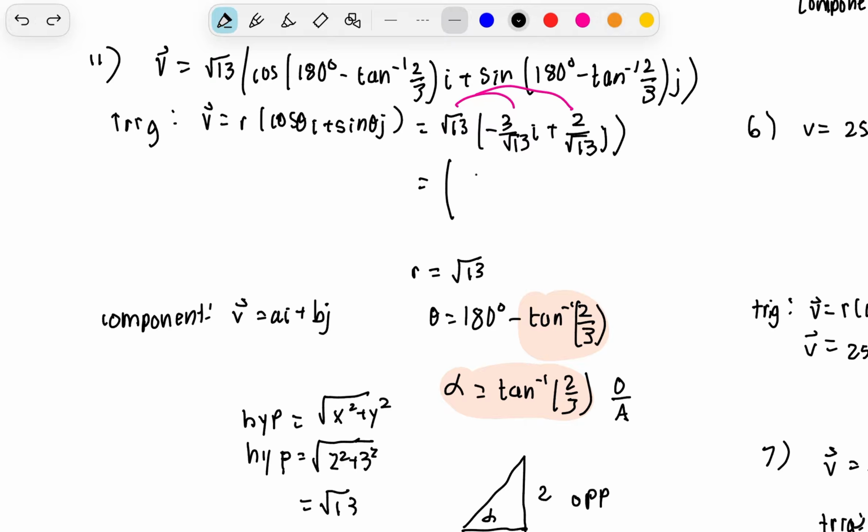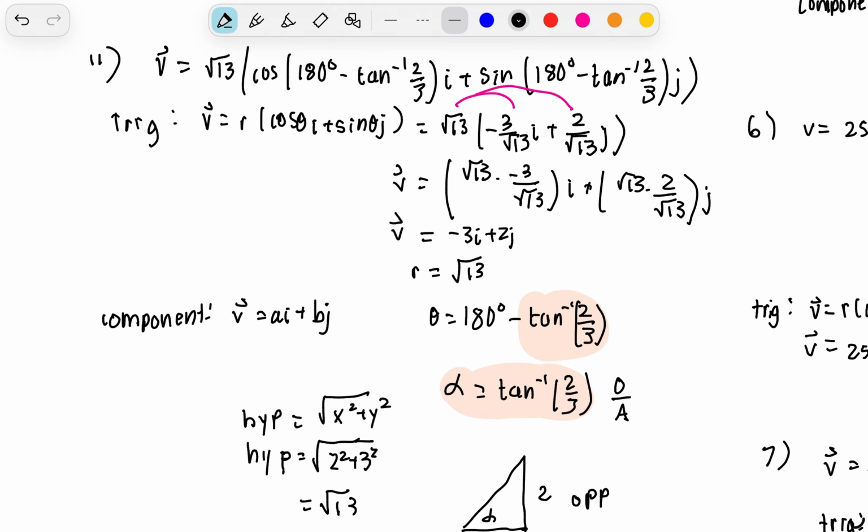Or let's just rewrite the whole thing. So this would give you a vector that is negative 3i plus 2j, because that cancels out, and also this cancels out. So that is your vector in our linear form.